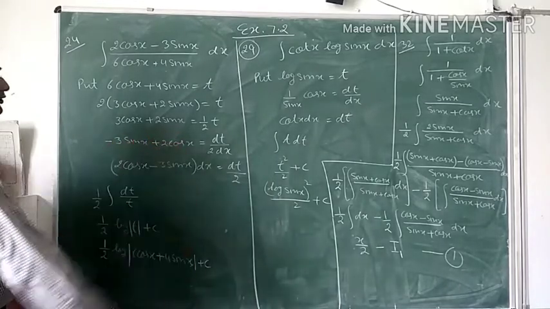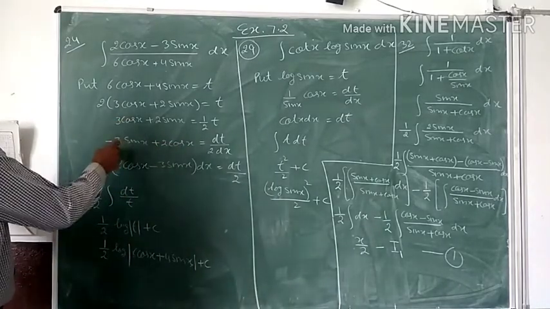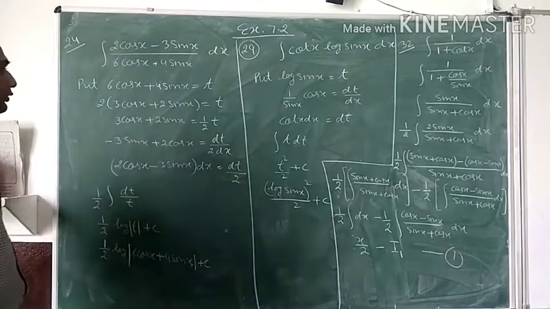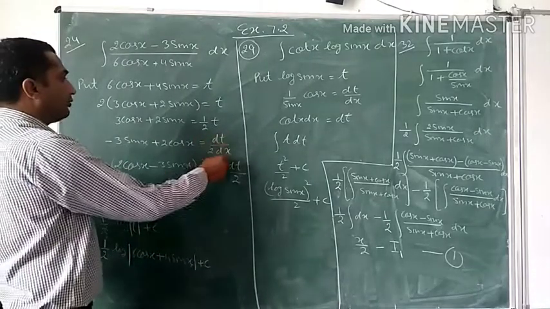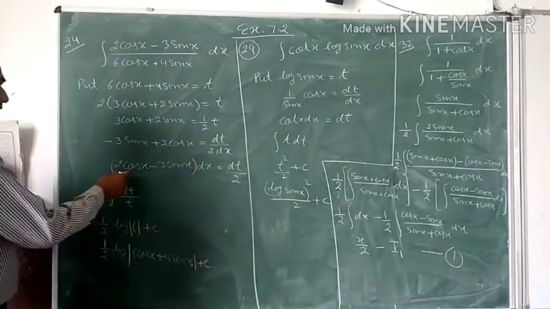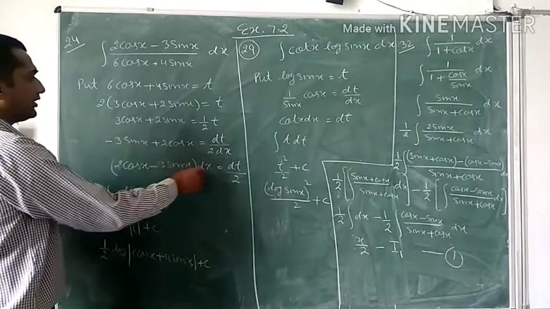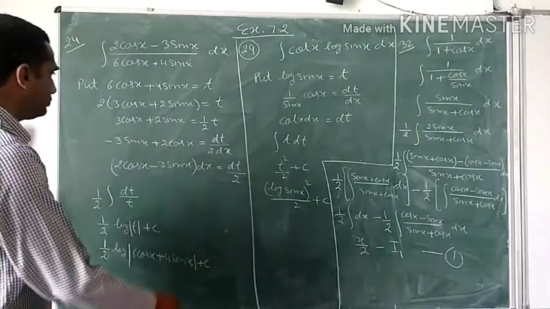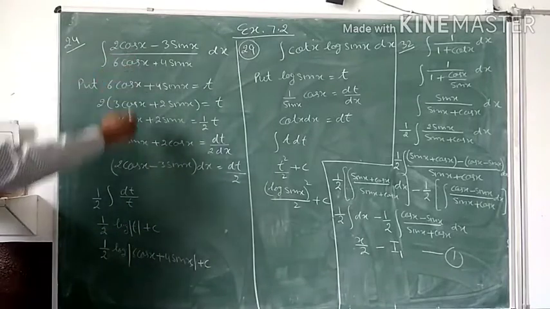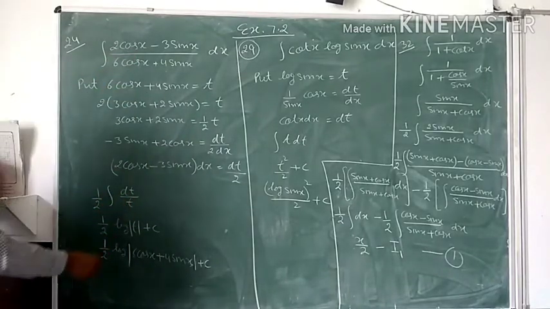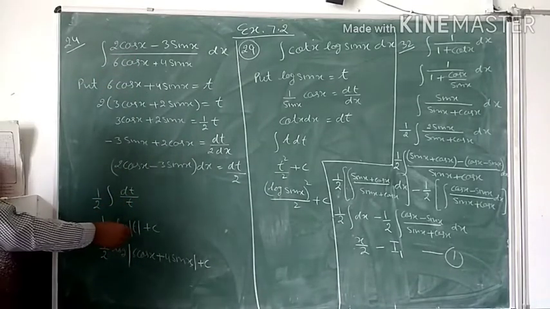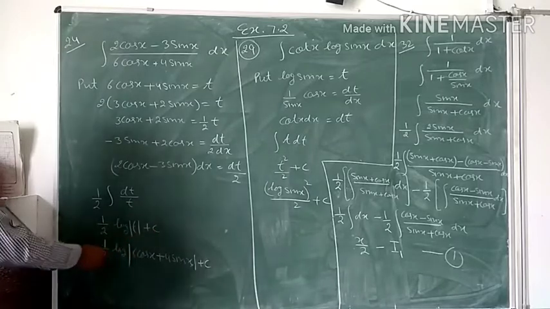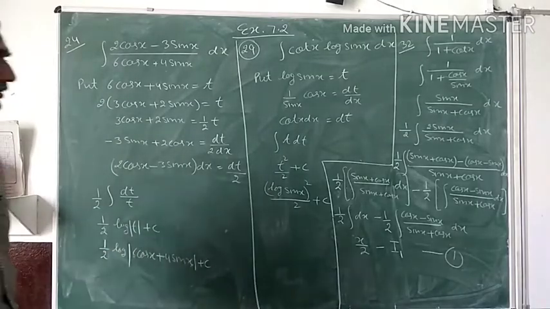Now differentiating both sides with respect to x, it will be minus 3 sin x plus 2 cos x is equal to dt over 2 dx. Now it will be 2 cos x minus 3 sin x dx is equal to dt by 2. Now substituting these values in this integral, 1 by 2 dt over t, 1 by 2 log t plus c. Now substituting the value of t, you will get the answer.